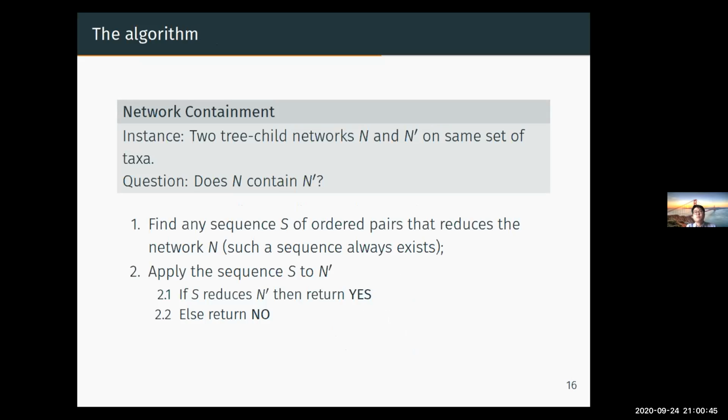Now you apply this sequence to N prime and see if it reduces N prime. If it does, then by the previous theorem, N prime must also be contained in N. If it doesn't reduce it, then N prime is not contained in N.